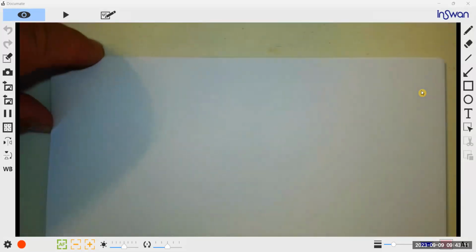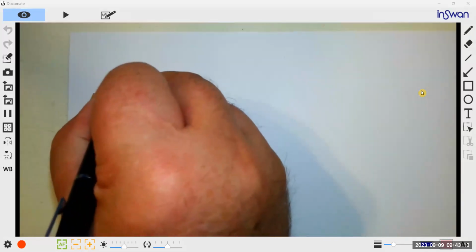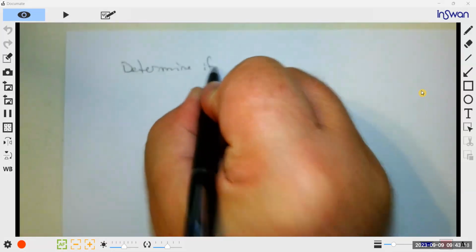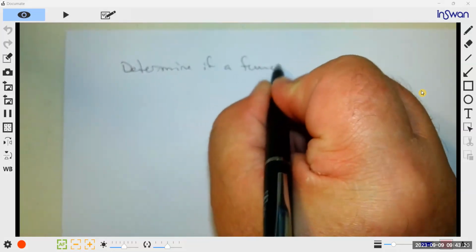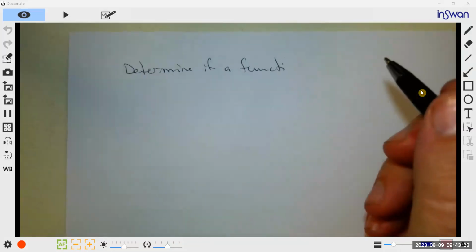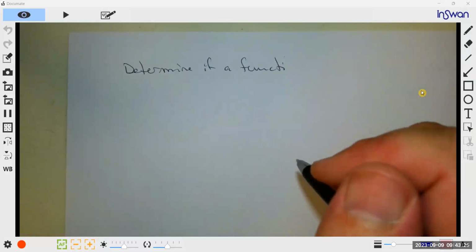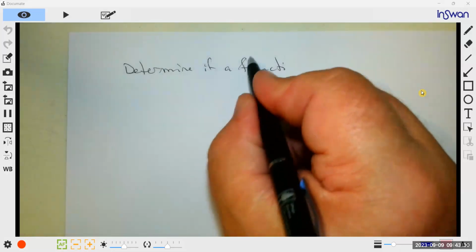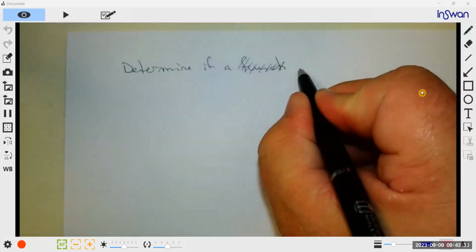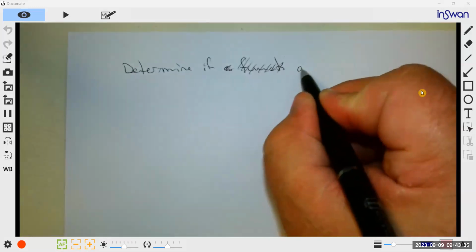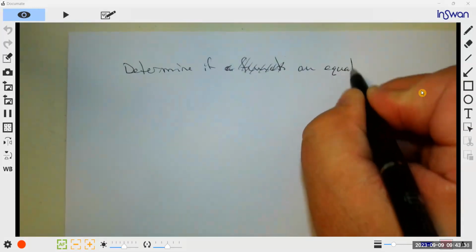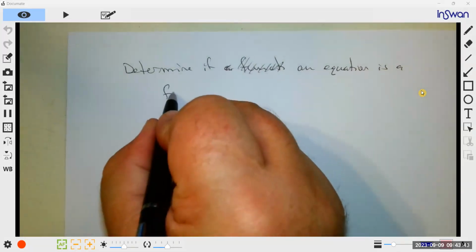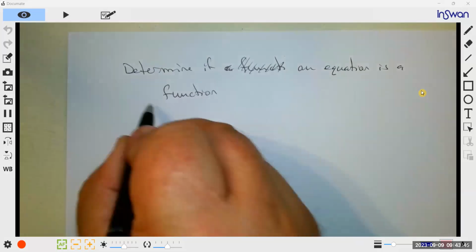Now, how can you determine if a function, no, I got that backwards. Determine if an equation is a function. I was going backwards for a second.